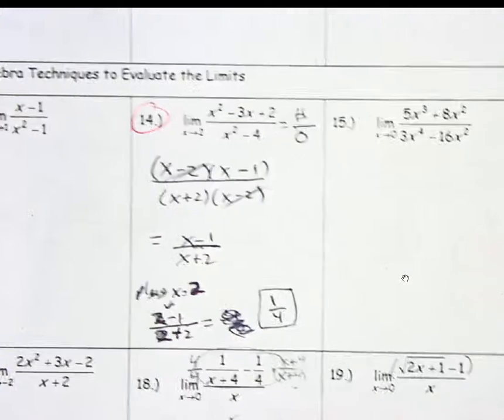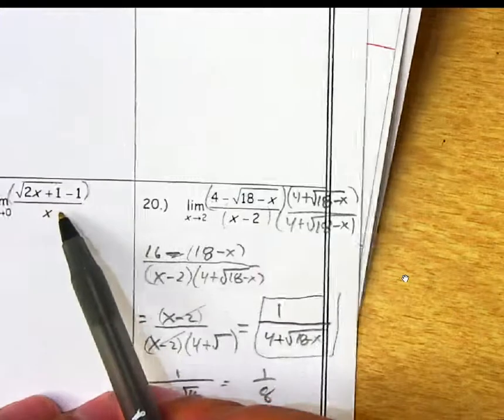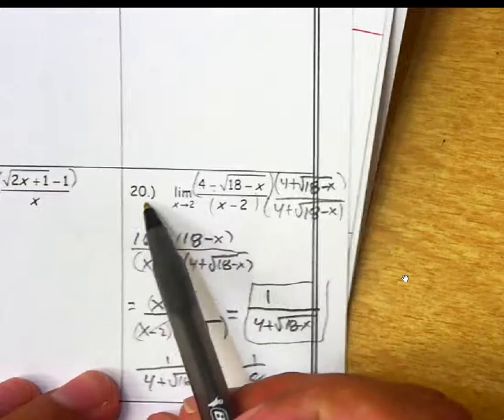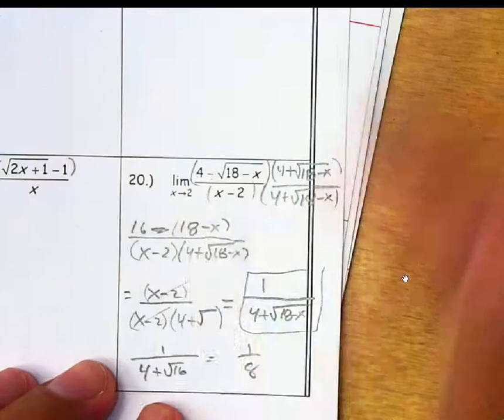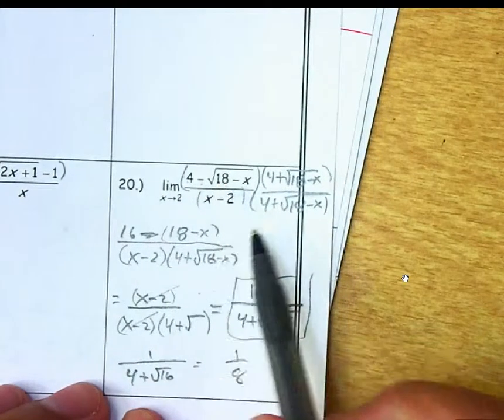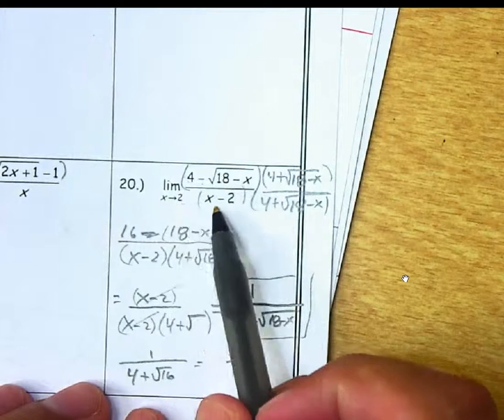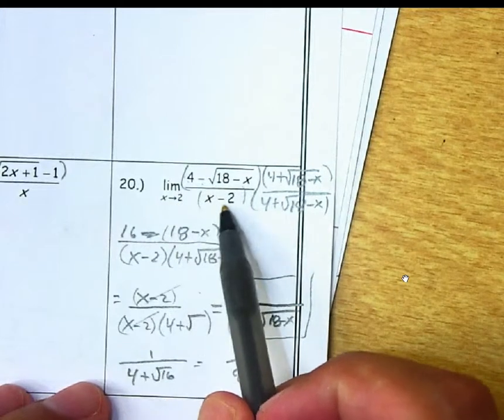Okay, now another kind of difficult problem is when we have square roots. For example, number 20, I did this one in class, number 20. We have a square root there. Okay, and if we plug in 2, we get 0 in the bottom as well.